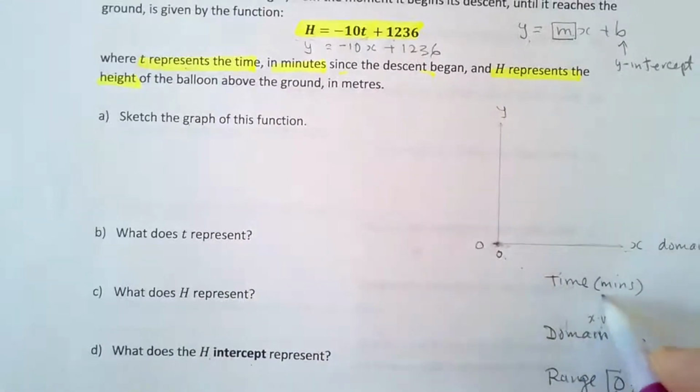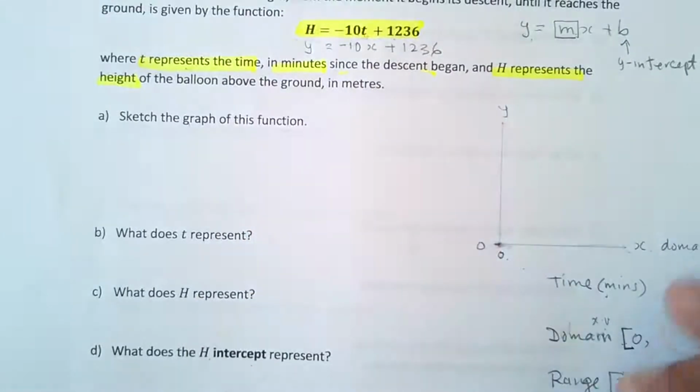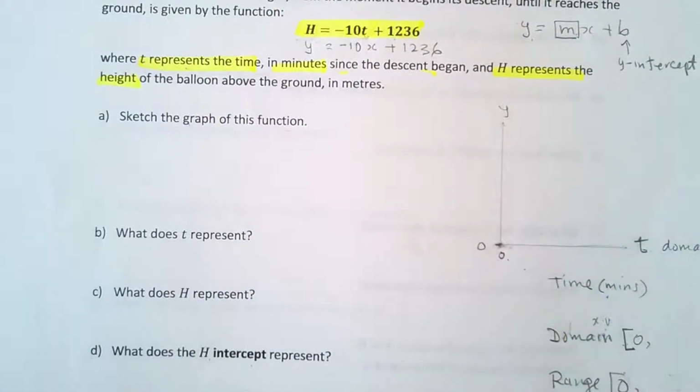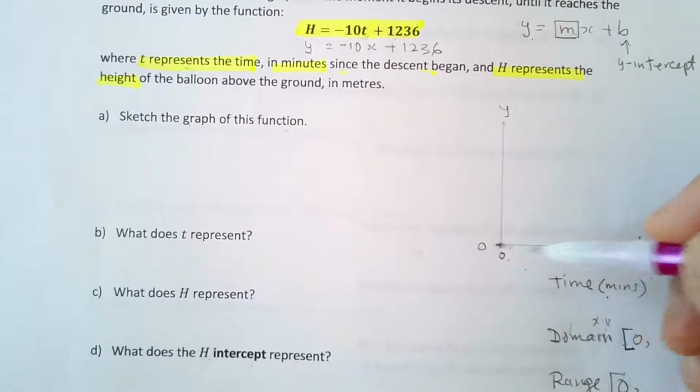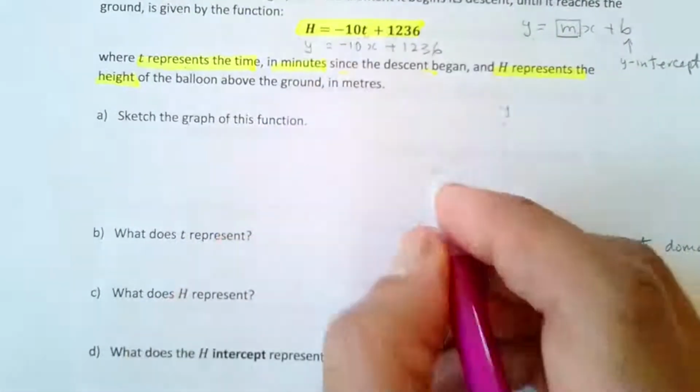So now we have time. Let's go back to our graph. So time is t, right? So we can replace this x now with t. It's time. Now, your y-axis is height. So we get here height.